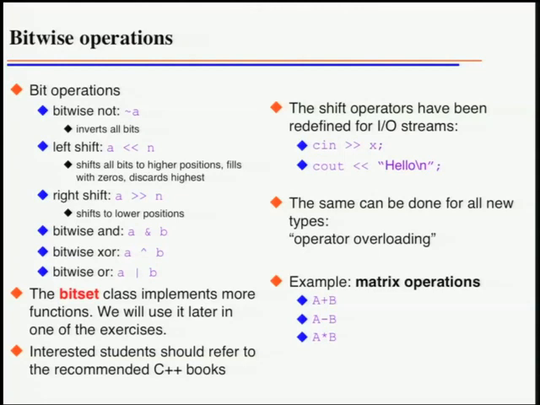And this operator overloading can be done for any user-defined type, which allows you, for example, to write matrix operations for your specific matrix, just like you would use it for standard types. We'll look into that later on too.